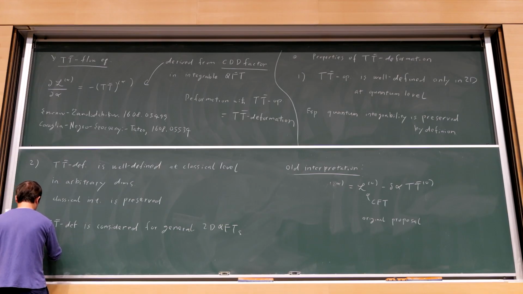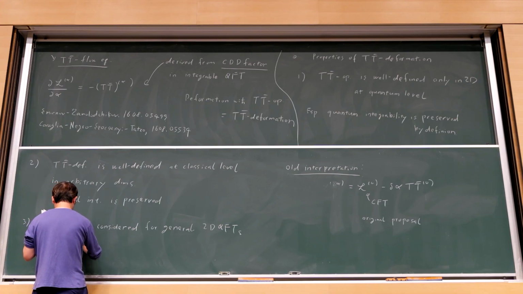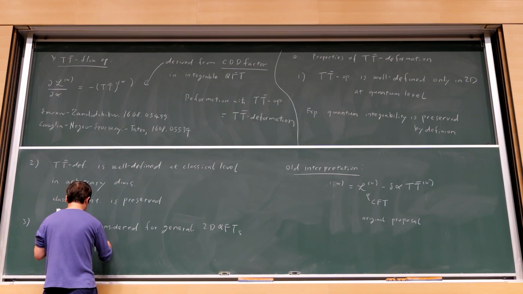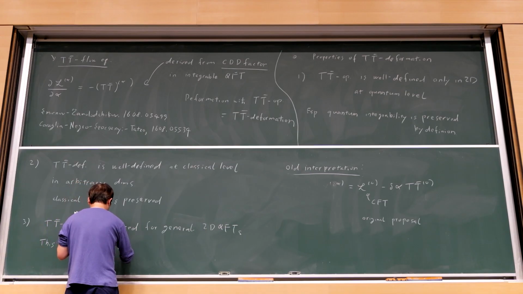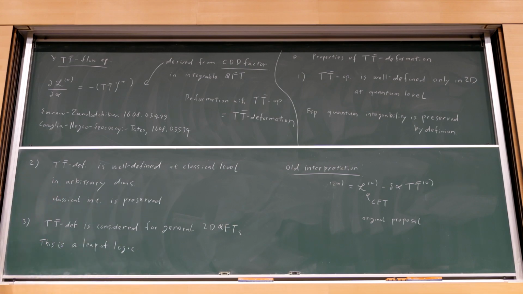So this is a leap of logic. So this means that we need to be careful about the definitions of deformed theories at quantum level. By performing TT-bar deformations, we will get a lot of higher derivatives, a lot of time derivatives included in the deformed Lagrangians.